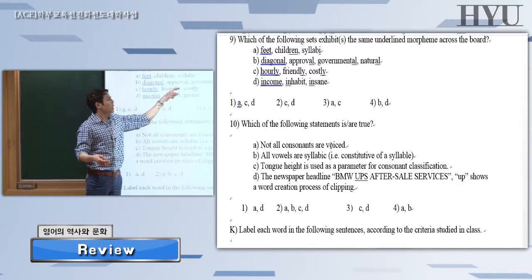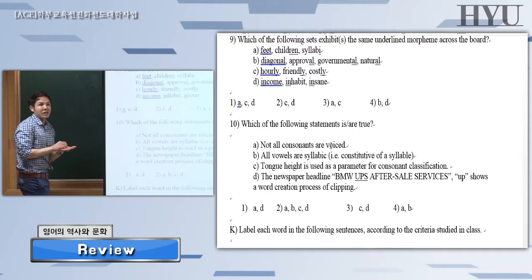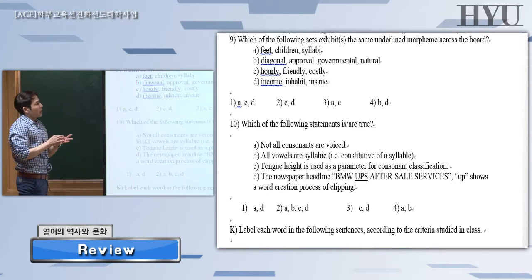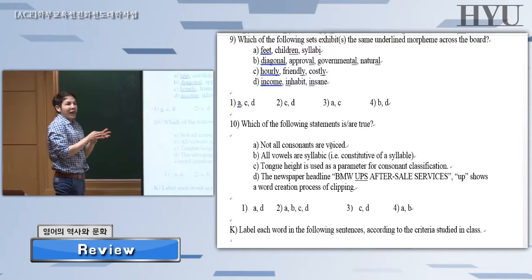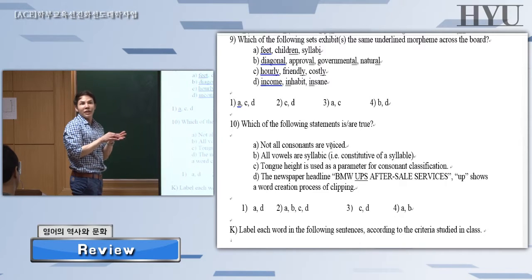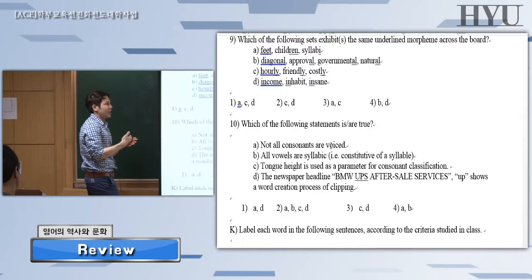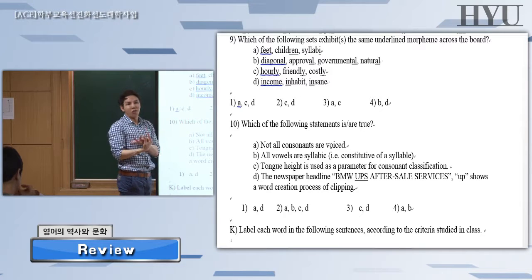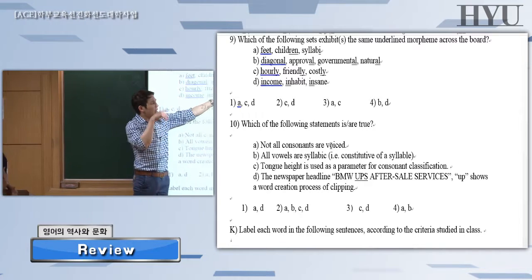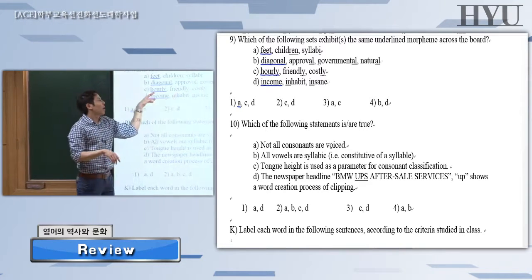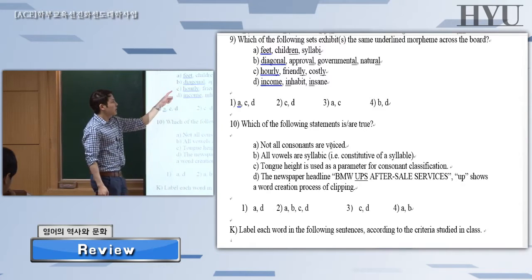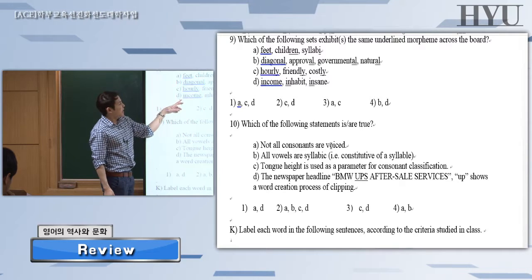So ly here is an adjective suffix, and number C is correct. You might ask me, isn't ly an adverb suffix? Yes, in a lot of cases, ly is an adverb suffix. But in these cases, 3 or 4, there's another word, dearly, in which ly is an adjective suffix. So C is correct.